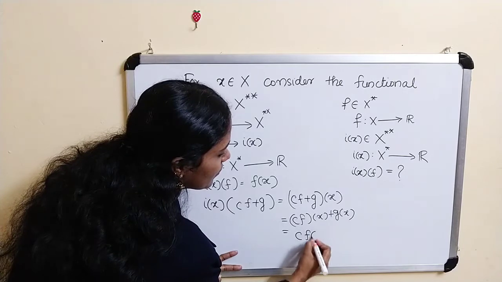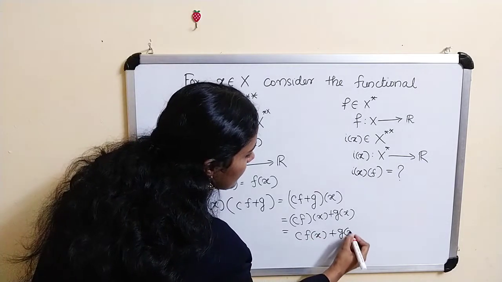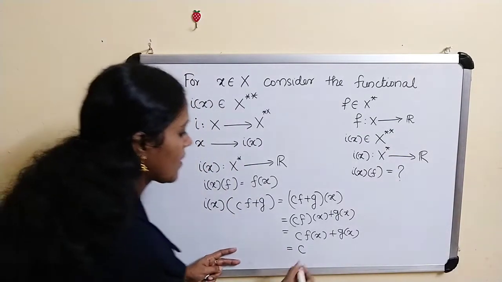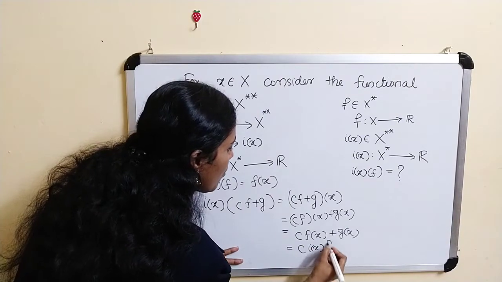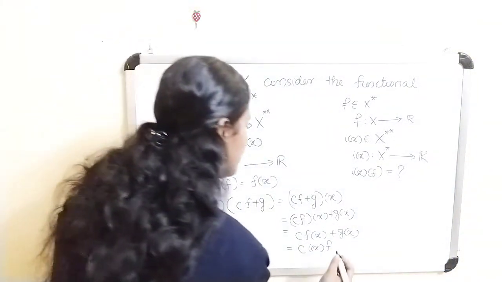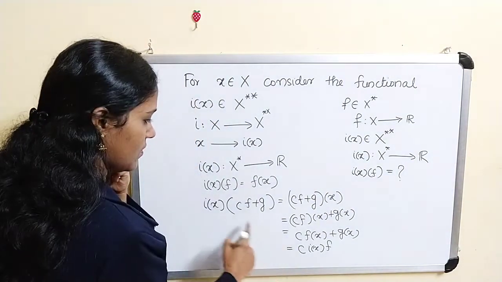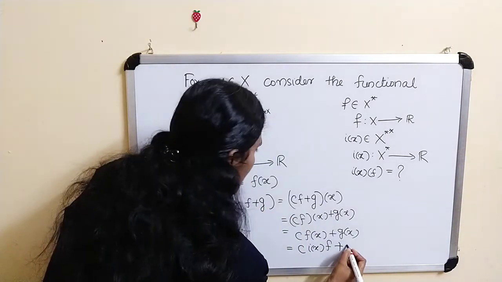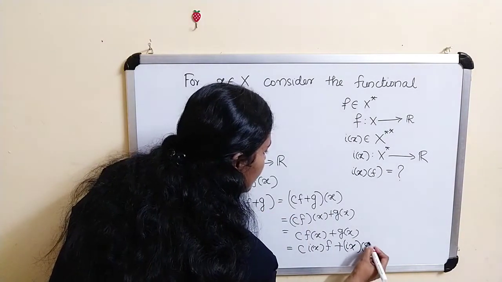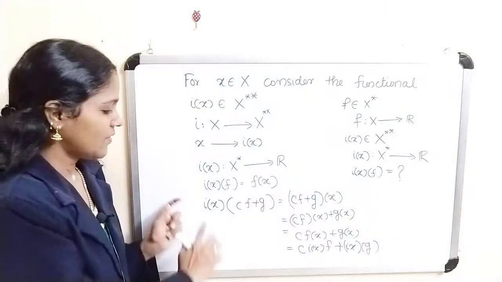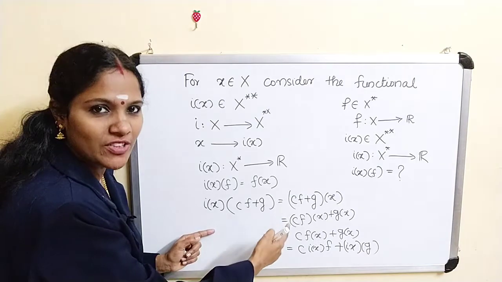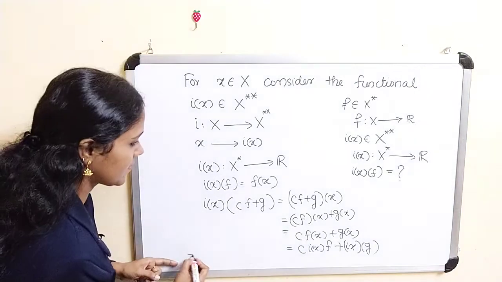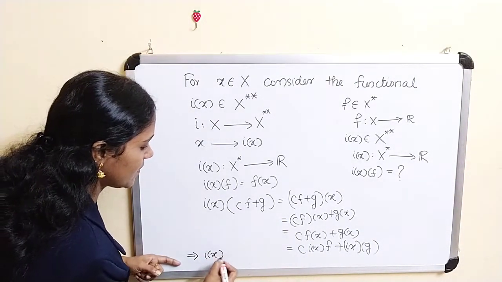This equals c into f of x plus g of x, and c f of x you can write as c I x of f, plus I x of g. Therefore I of x of c f plus g is equal to c into I x of f plus I x of g. This implies I of x is linear.